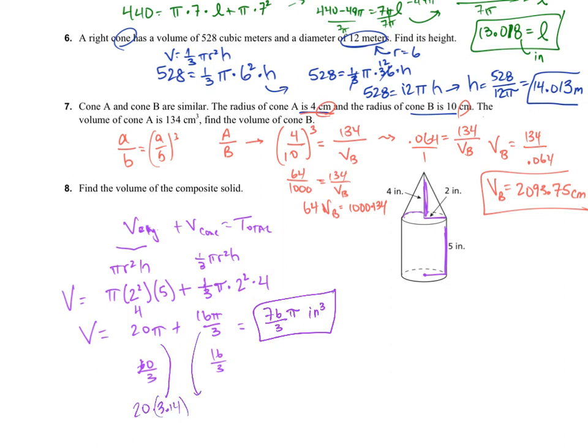Change this to a decimal. 16 times 3.14 divided by 3. And then give me a decimal answer. I will take either way when I have you do these on a test, unless I specify one way or another. But always know how to do it in pi form because it keeps it in a pure type of form. All right. So that's pretty much it.